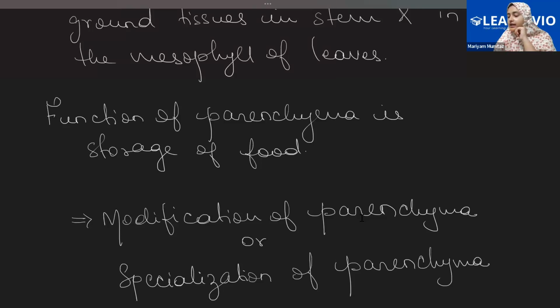What is the food of the plant, students? Starch. It is the reserve food material or the stored food, isn't it? But initially, when the plant makes its food, it is glucose. Then that glucose is stored in the form of starch.